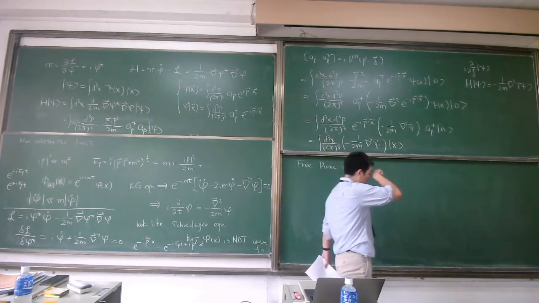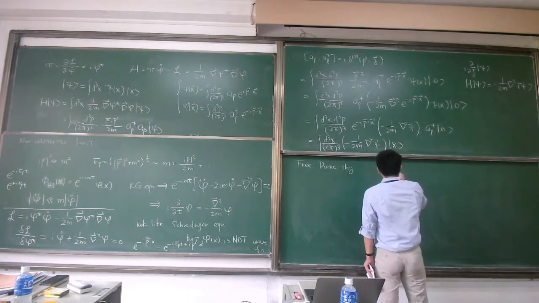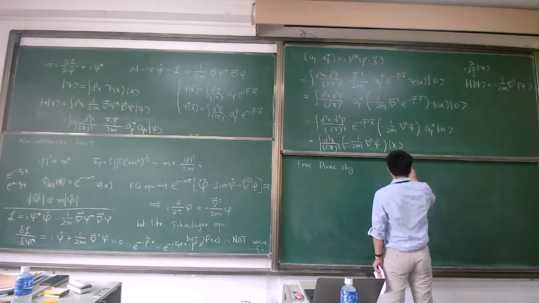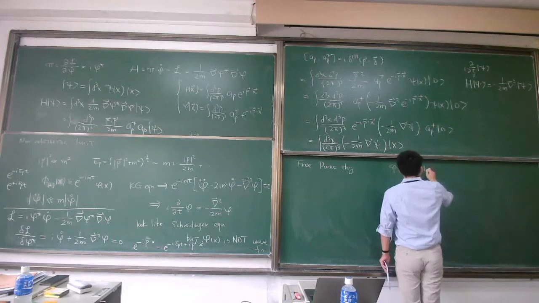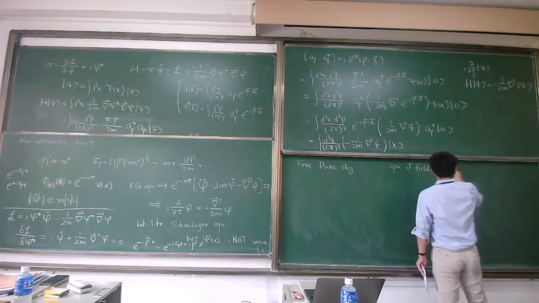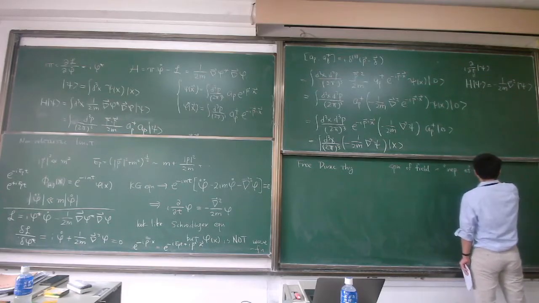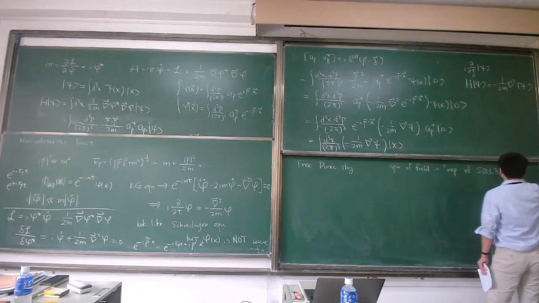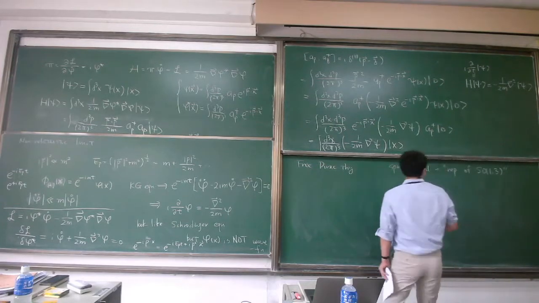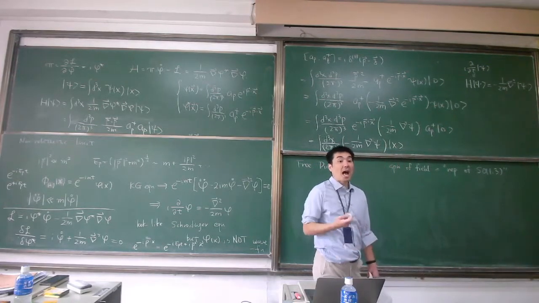Previously, the spin of a field is equivalent to a representation of the Lorentz group SO(1,3). So that's what I meant. How does the Lorentz group act on the field?